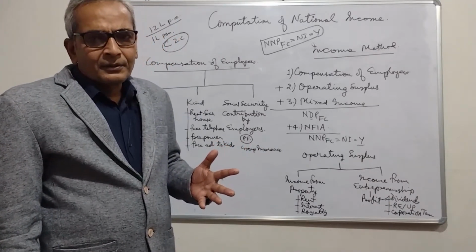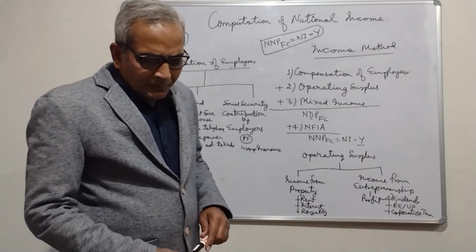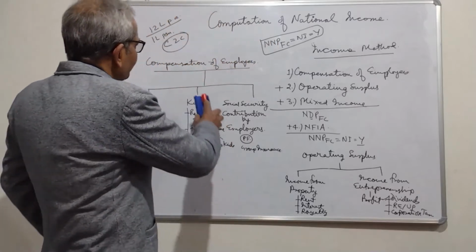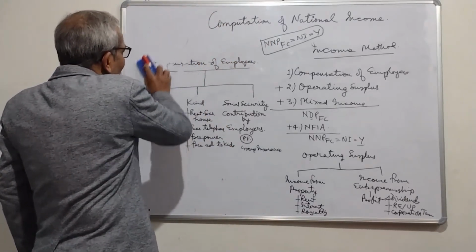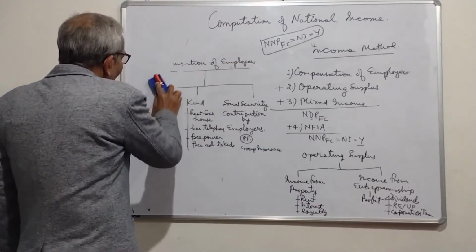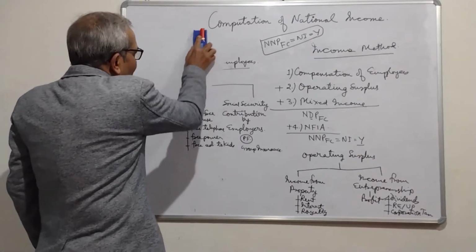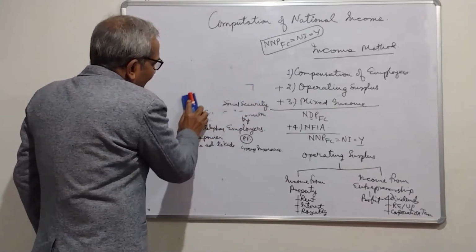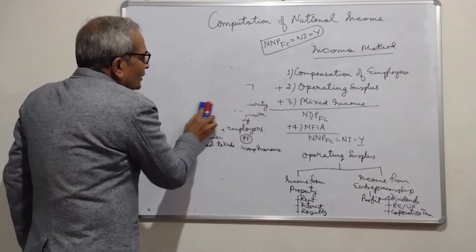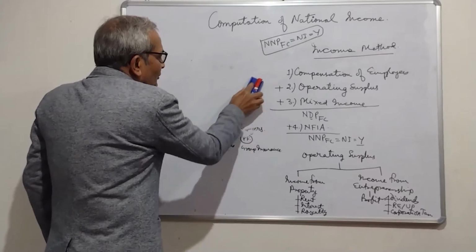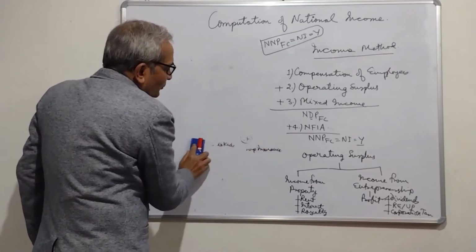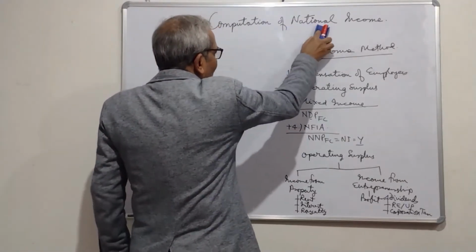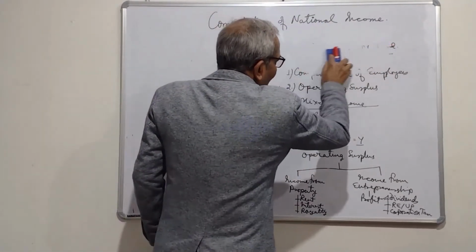Right? Now we will be talking about the expenditure method. If you can recall the types of goods, you might remember that we have two types of goods, intermediate goods and final goods. And final goods are of two types, consumption goods and capital goods.